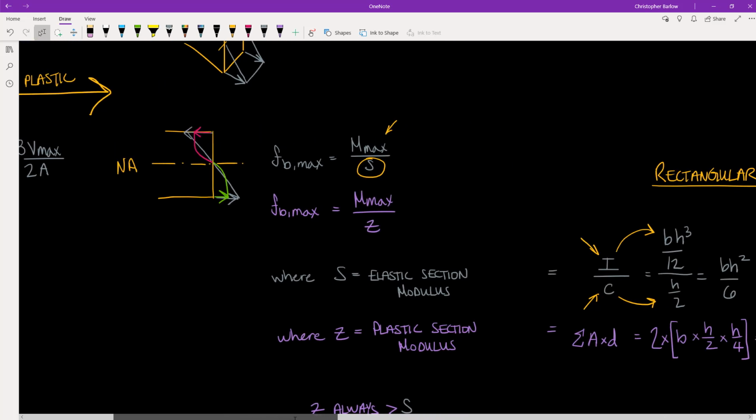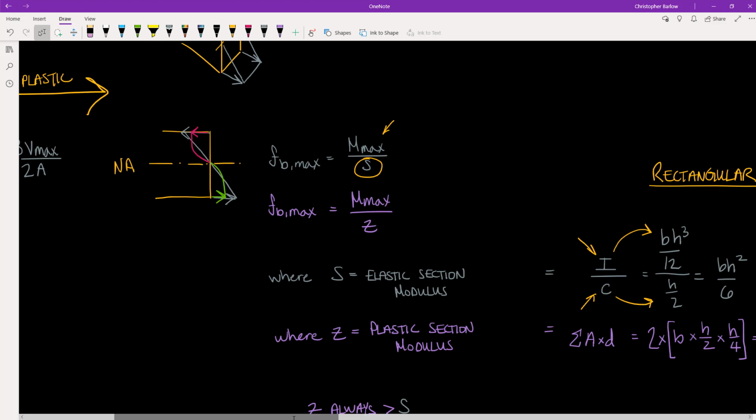However, as we had with shear stresses, due to that slight bit of plastic deformation that we will allow to occur under our maximum loading, we will have some redistribution of stresses. And so the plastic stress profile due to bending will look like this, where we have sort of these parabolic curves.